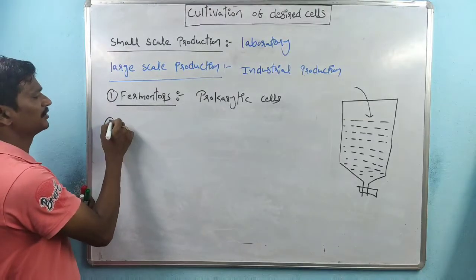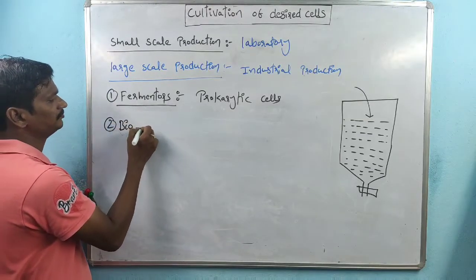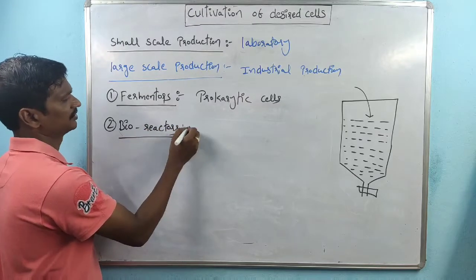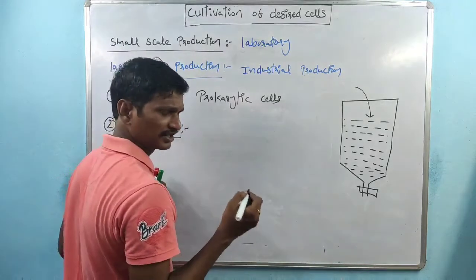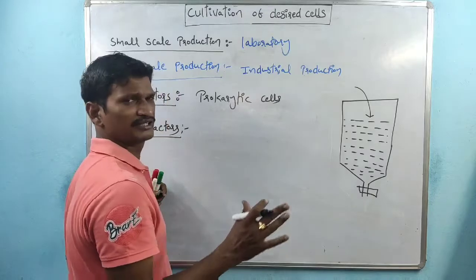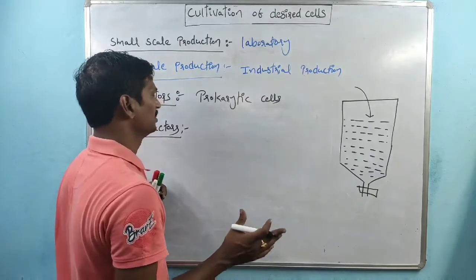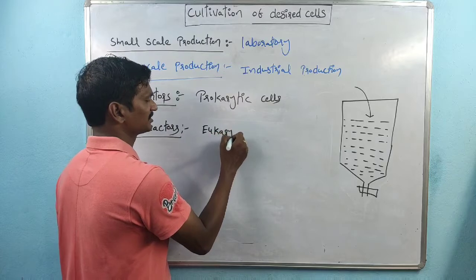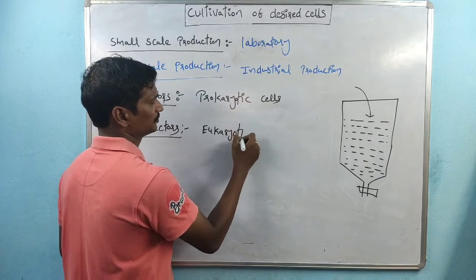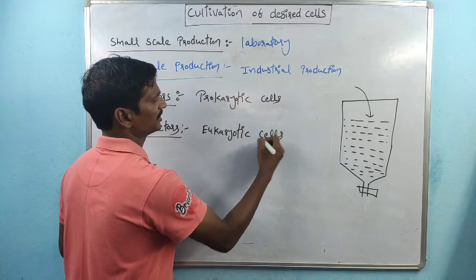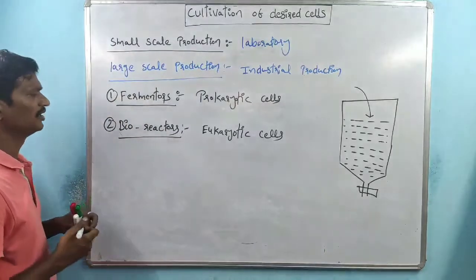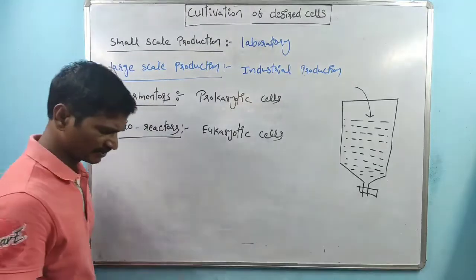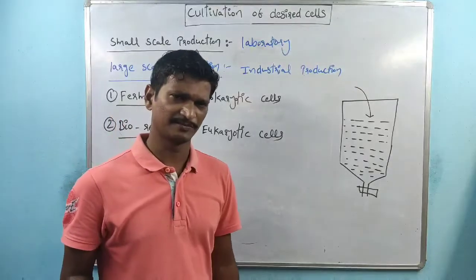And next are the bioreactors. Bioreactors are also huge devices, which are used for the cultivation of eukaryotic cells. So fermenters are there, bioreactors are there. Bioreactors are for the cultivation of eukaryotic cells.